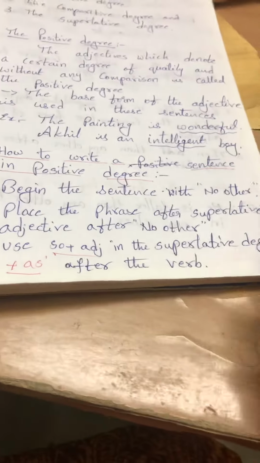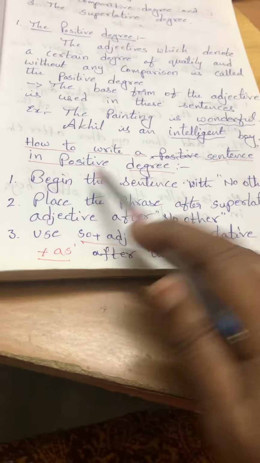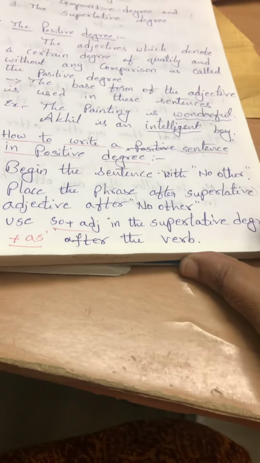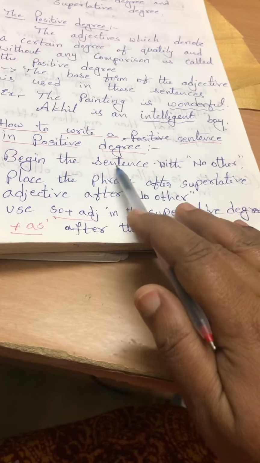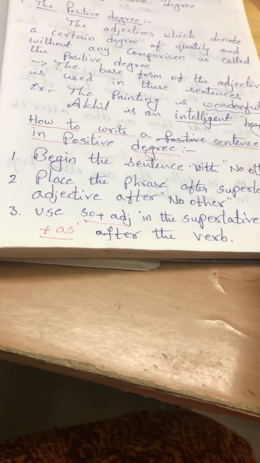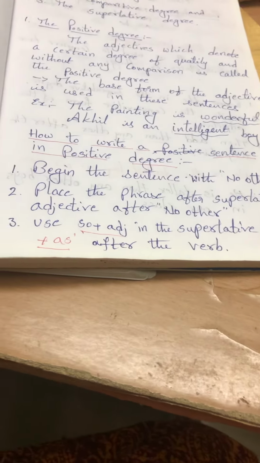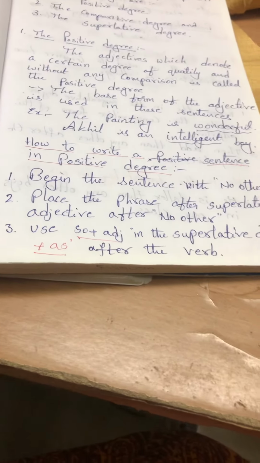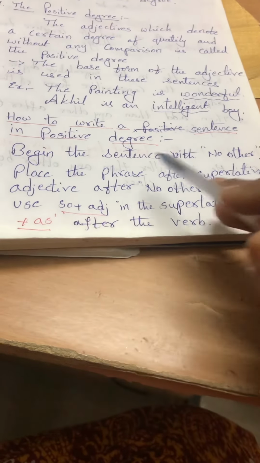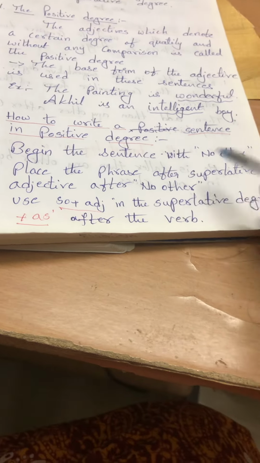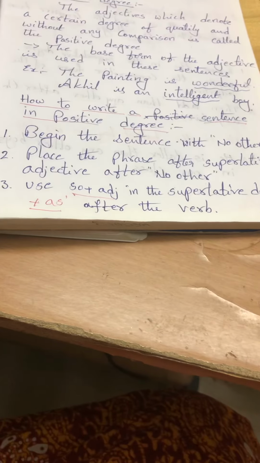Now you may get a doubt how to write a sentence into positive degree. Suppose the sentence is given in superlative degree, and you are asked to write it in positive degree. First, what you have to do is begin the sentence with no other. So whatever the sentence may be, in a positive degree we have to start the sentence with no other. Next, place the adjective in superlative degree after no other.